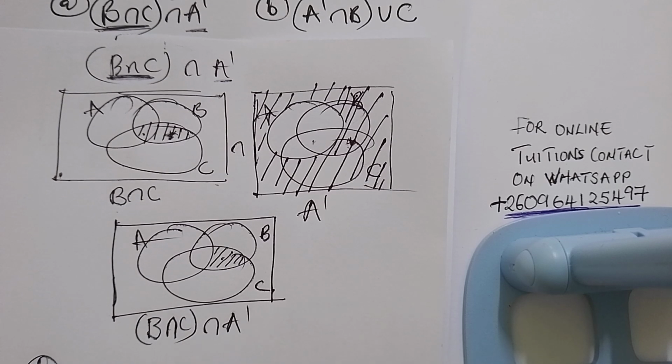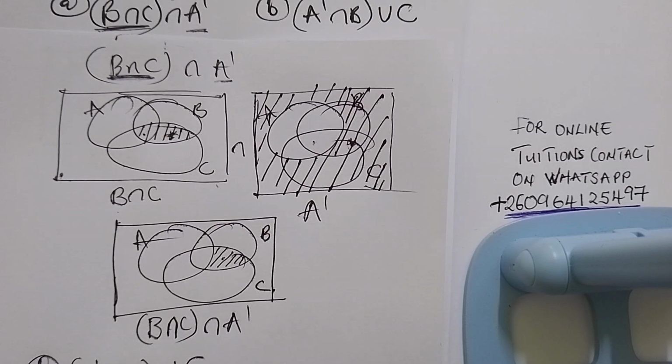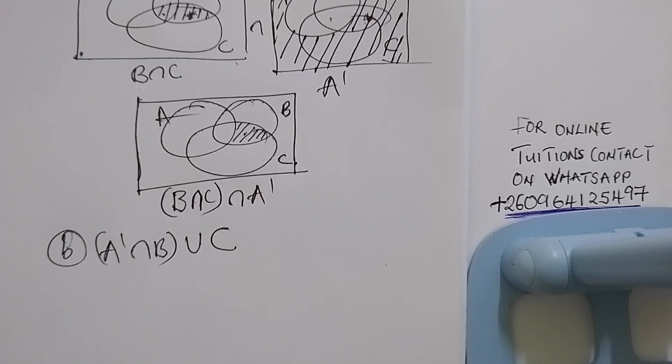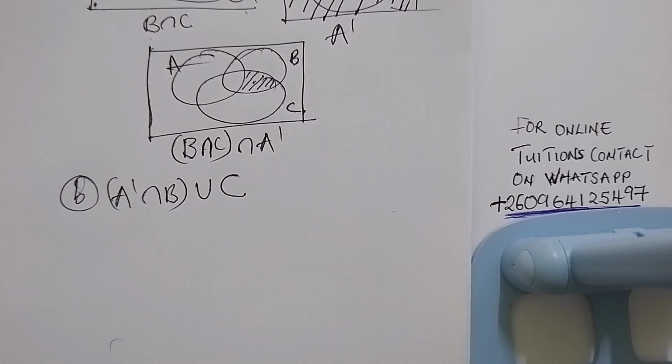Now for B, this one here, we have A complement intersection B union C. We're going to use the same method of separating them.